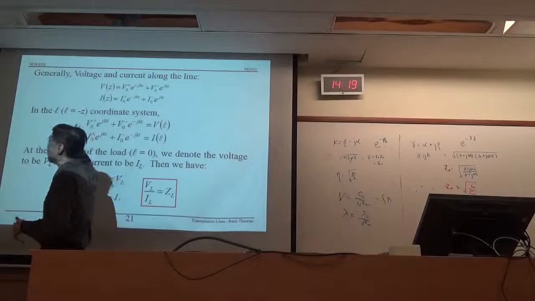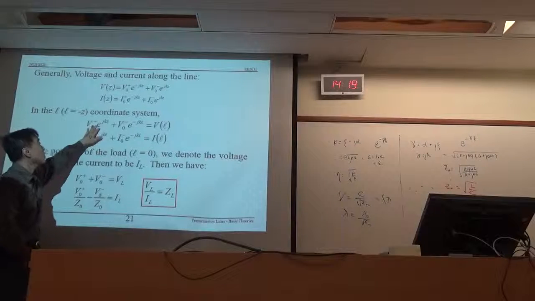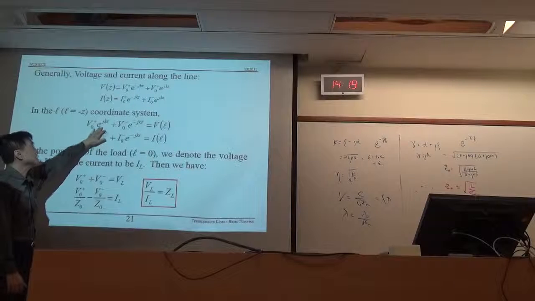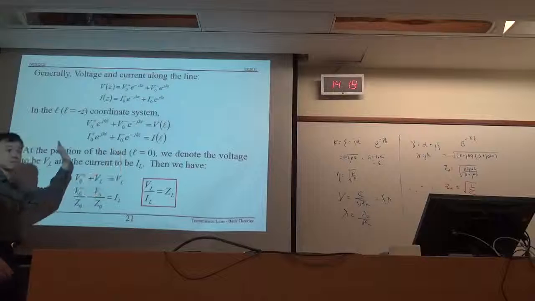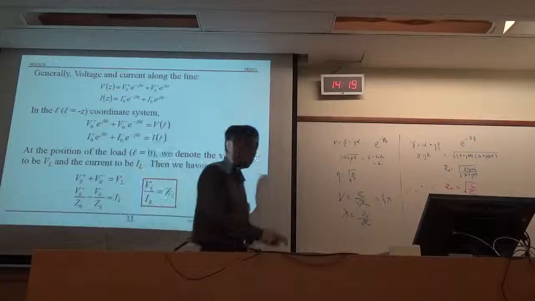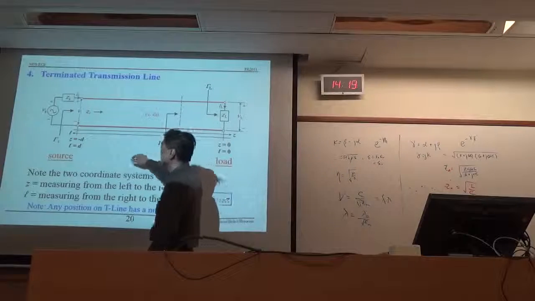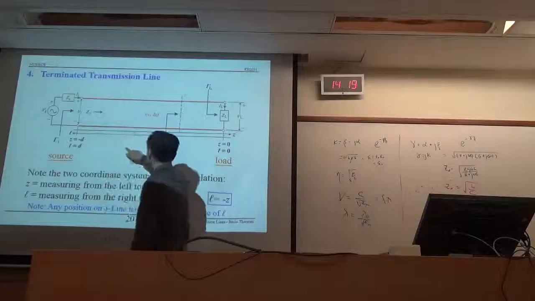So when L is equal to minus z, we put the L back. This is L equal to minus z at the starting point, down here. L equal to d is here.